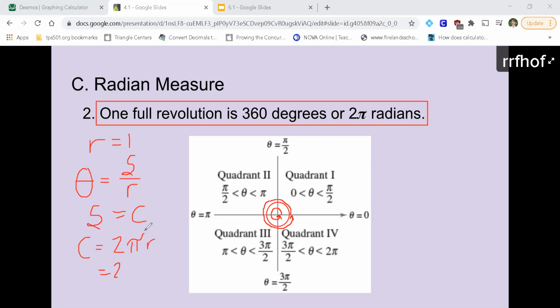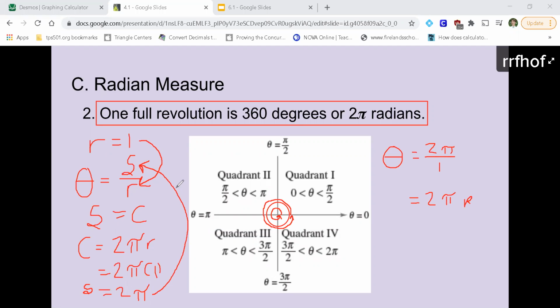So this is really 2 pi times 1, which is just 2 pi. So if I plug this in for s and this in for 1, we get that the central angle is 2 pi divided by 1, which is 2 pi radians.